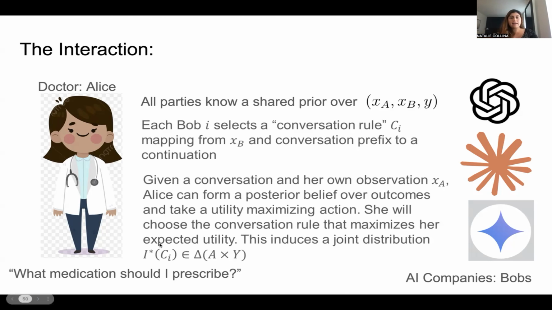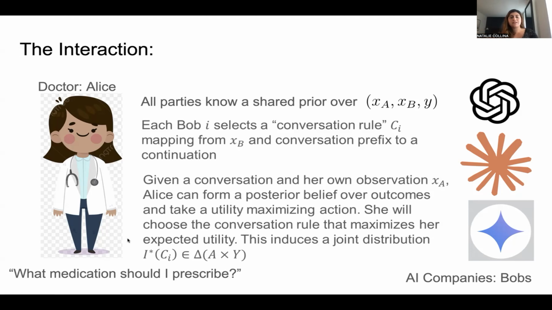So Alice, given this conversation and her own observations, can form a posterior belief over the outcomes. And then she can take her utility-maximizing action. And she's going to choose the conversation rule that maximizes her expected utility. And when we talk about these joint distributions over states and actions, we're going to write this as I star here.